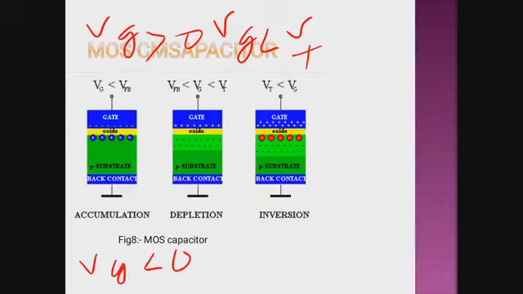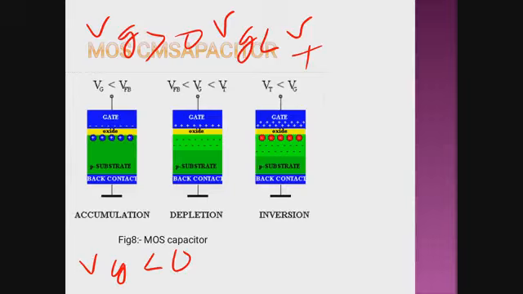I am observing the second case. Minority carriers are attracted to the channel region. Minority carriers, since Vg is just above 0 volt. In a p-type substrate, the minority carriers are electrons, and they will obviously be attracted because the gate terminal is now positive. So positive-negative attraction will happen.